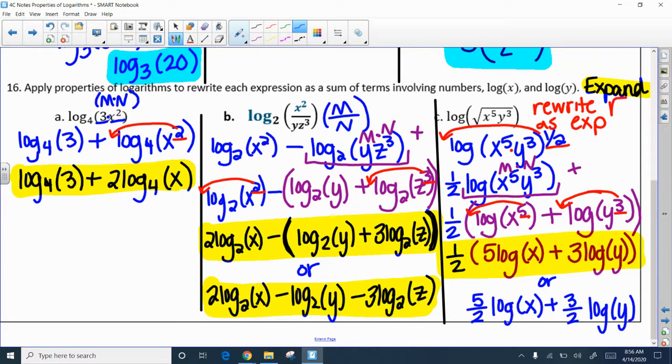So you could either rewrite it with the parentheses, or you could distribute so that you don't have to write the parentheses. So those are the two ways we could write that expression. So that's what it means to expand, is rewrite the single logarithm so that we have multiple logarithms that are either added or subtracted.